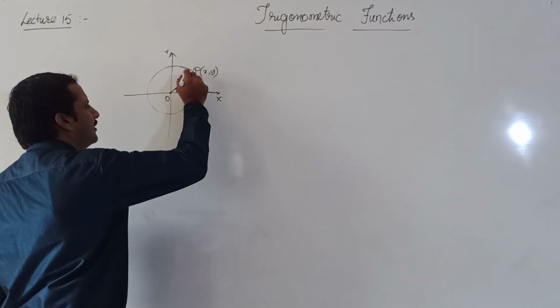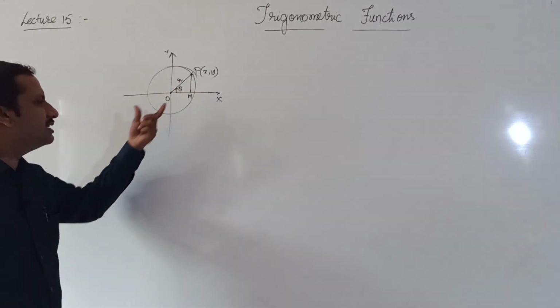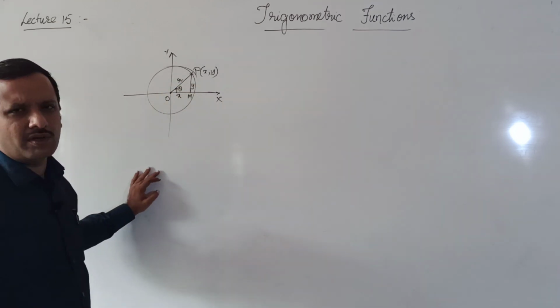This is r, right? Now, if this point is (x, y), then the distance OM is equal to x and the distance PM is equal to y.